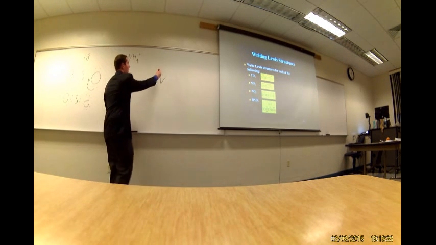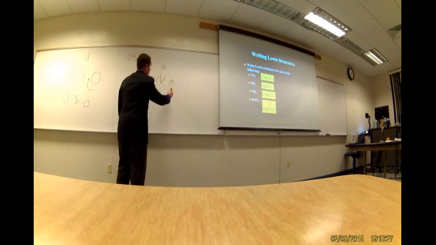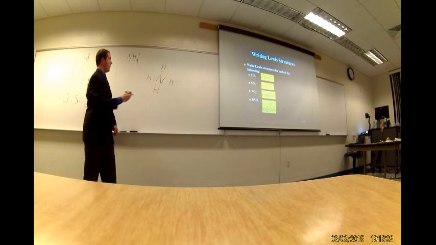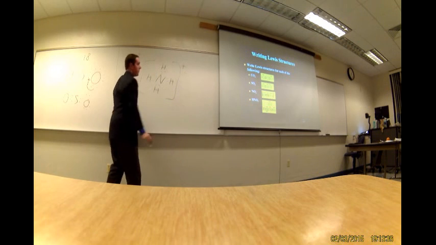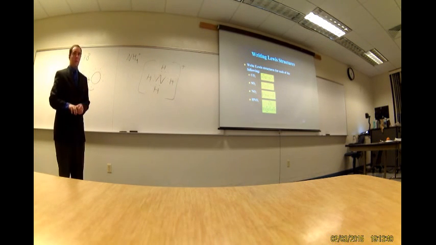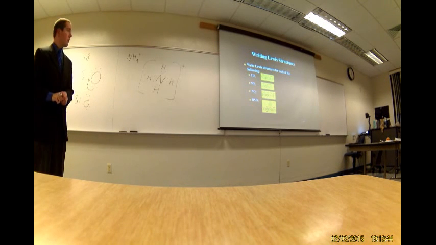All around the nitrogen. So this nitrogen has to form 4 single bonds. Don't forget the brackets and the charge. Yeah, so it would be 4 hydrogen, minus 1, plus the 5 nitrogen.